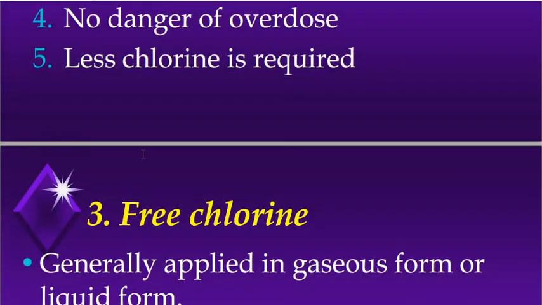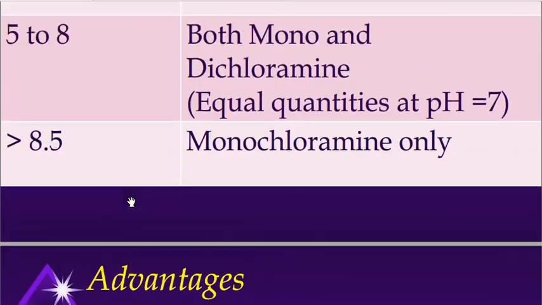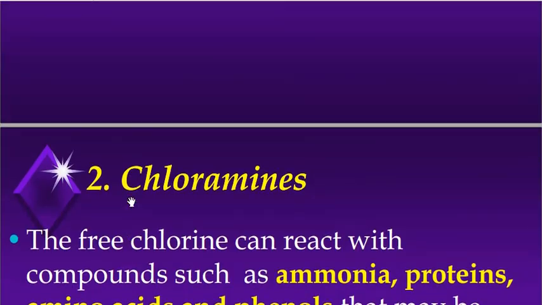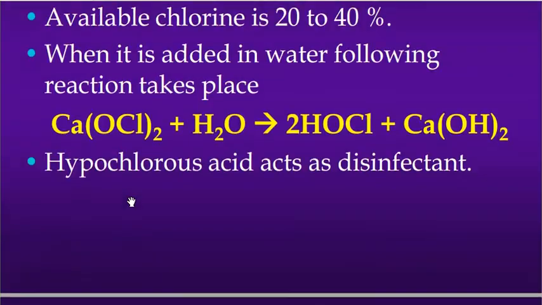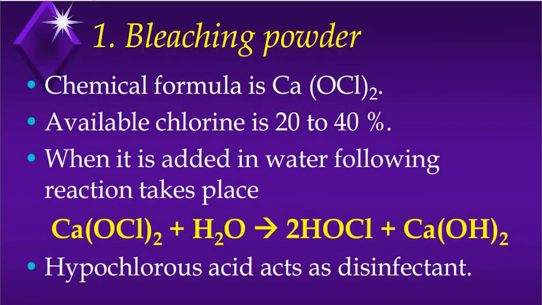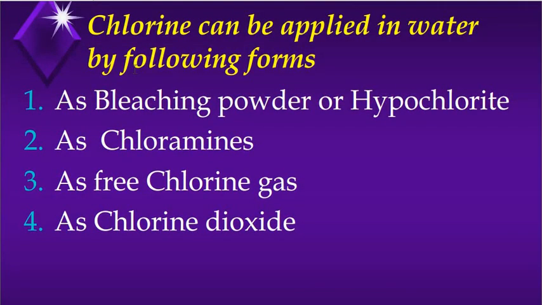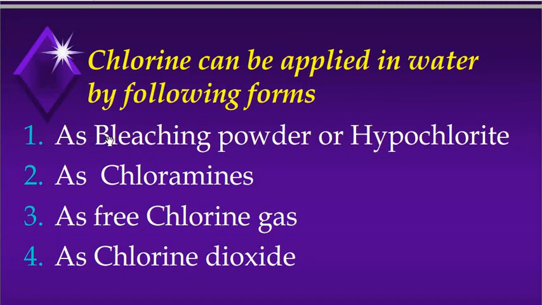So basically in normal practice, we have observed that among the four methods of applying chlorine, the bleaching powder or the hypochlorite is used in the rural areas.